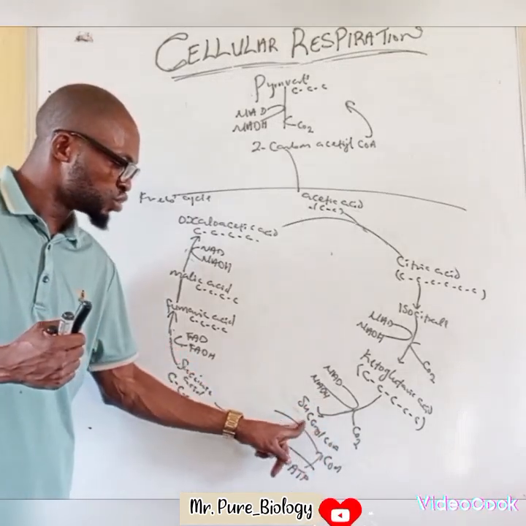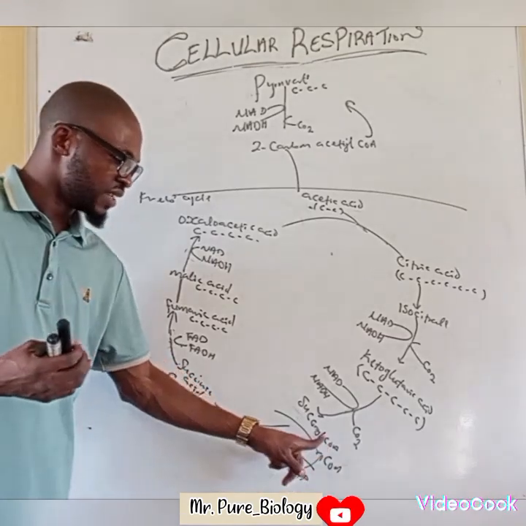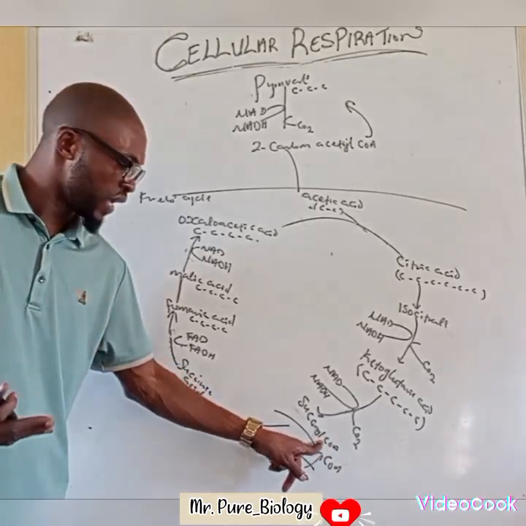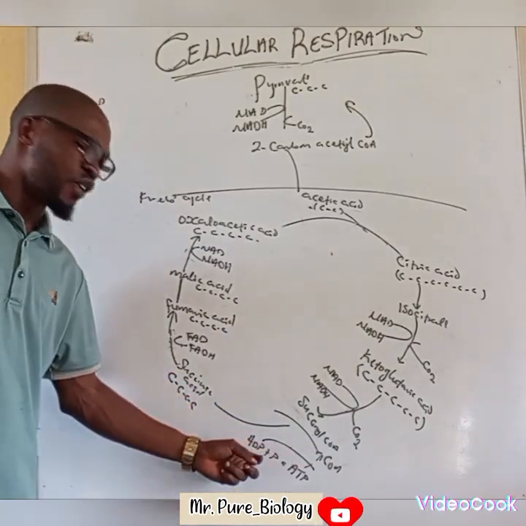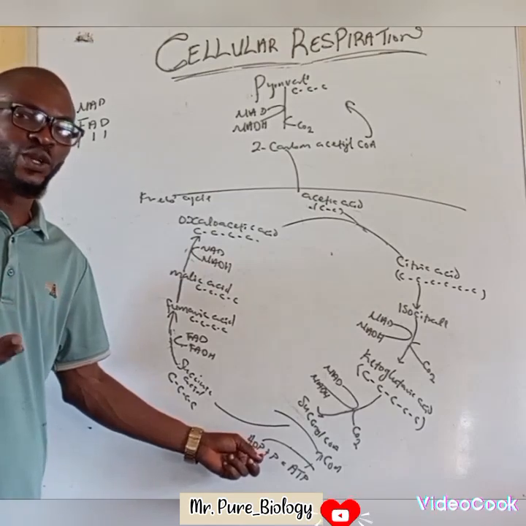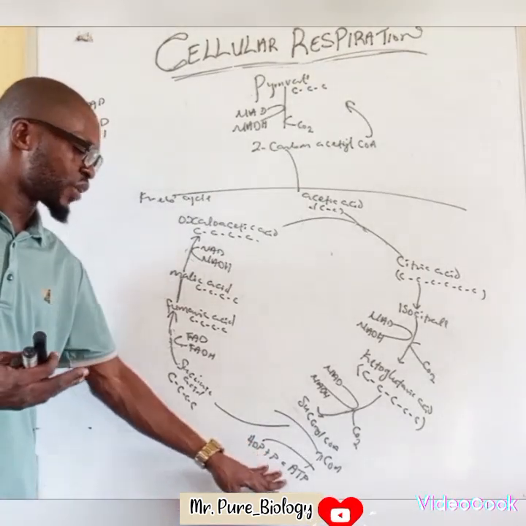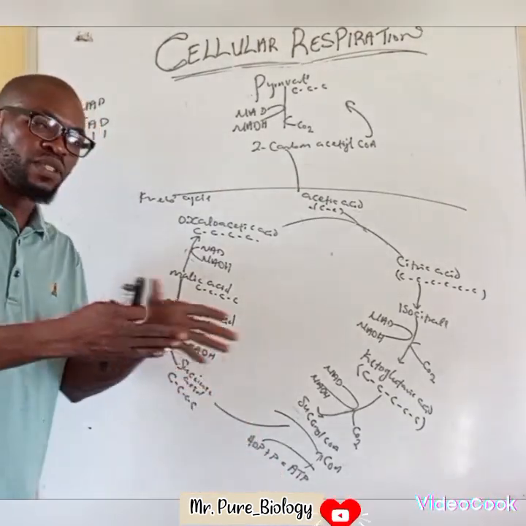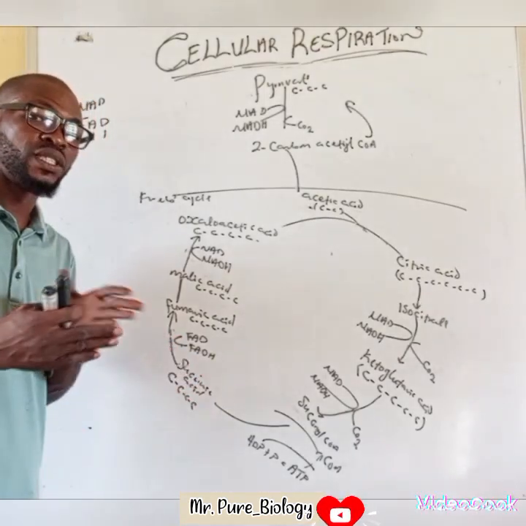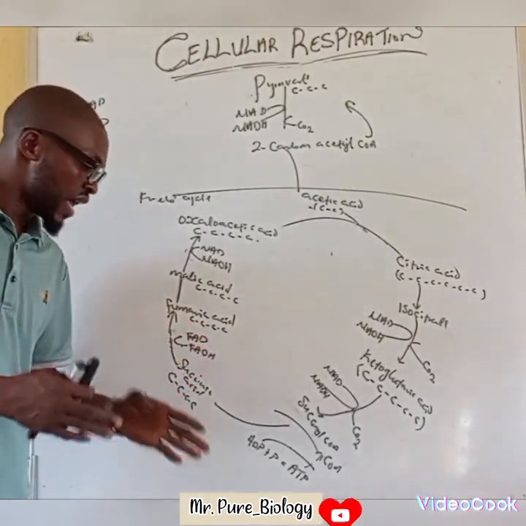So it reduces to succinate. Succinate will react with enzyme CoA, and in this process of reaction, there will be a formation of ATP, which we call phosphorylation of ATP, because this is one of the conditions by which phosphorylation of ATP takes place, where there is separation of the electron and the proton.